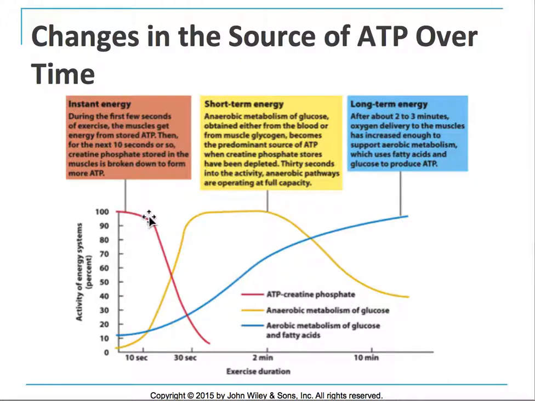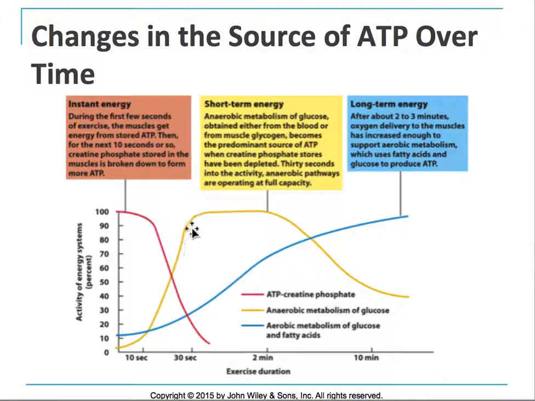Then for the next 10 seconds or so, creatine phosphate stored in the muscles is broken down to form more ATP. So you can see how those energy needs are really instant and then they drop right off. Then after 30 or so seconds, your body starts looking to forms of short-term energy. So this yellow line represents anaerobic metabolism of glucose.